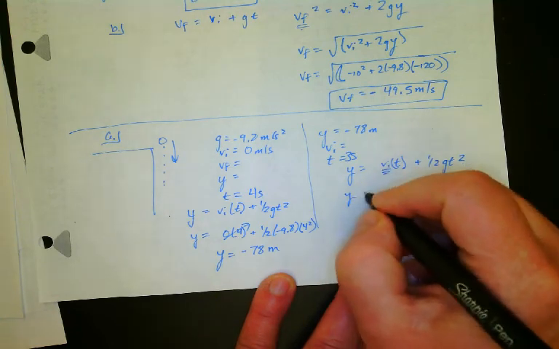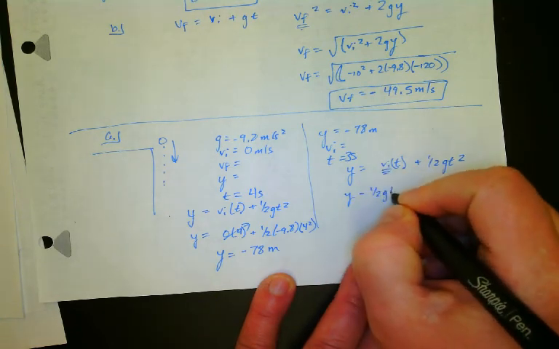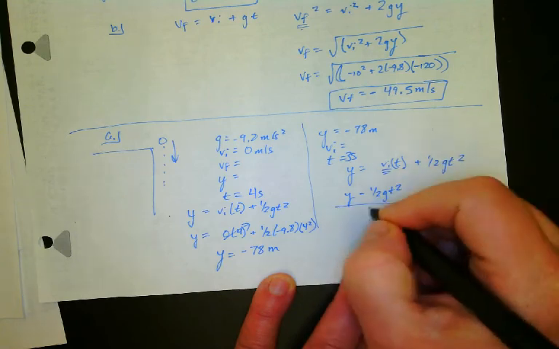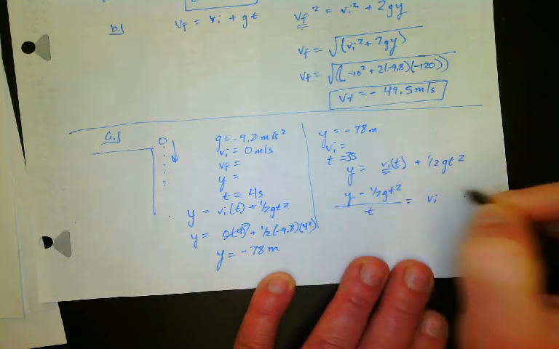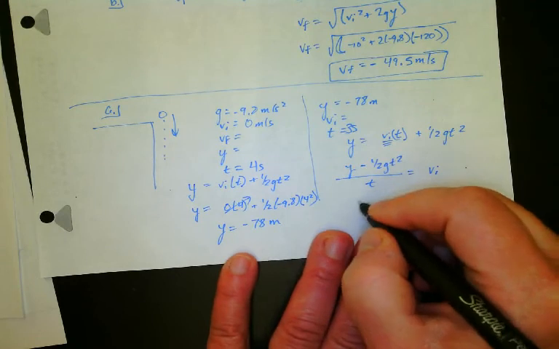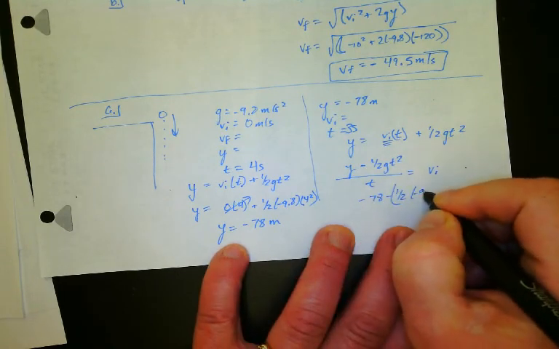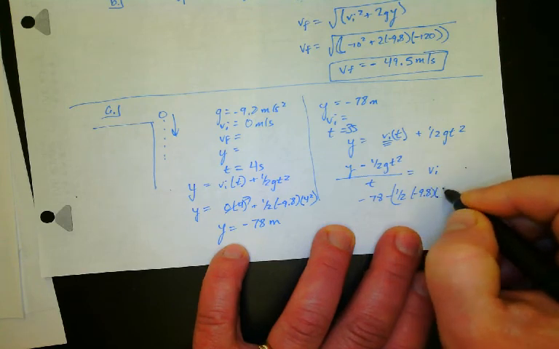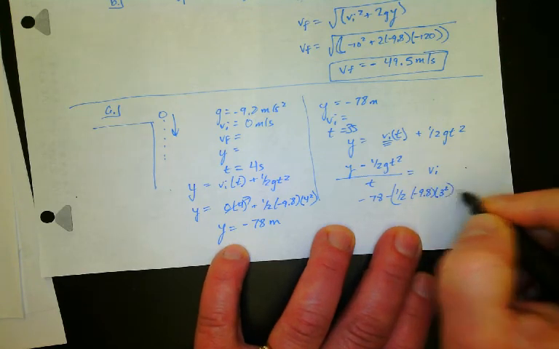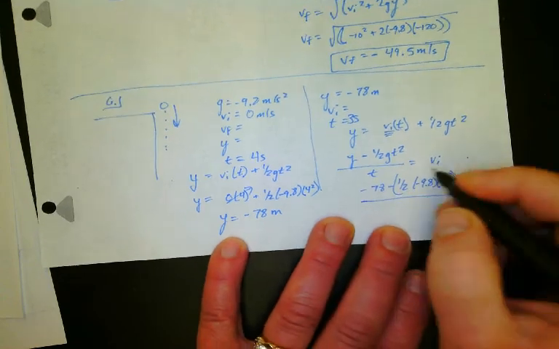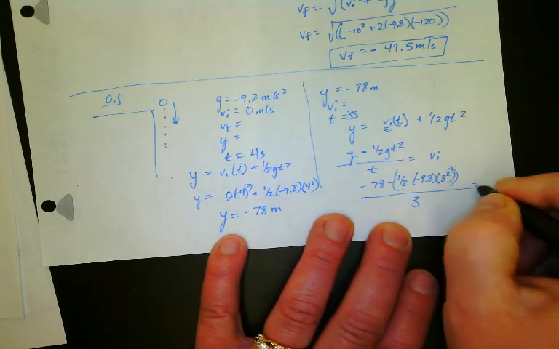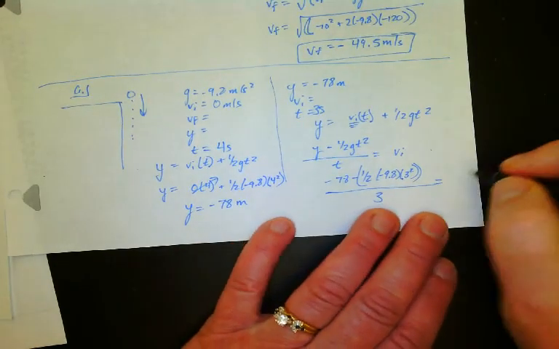So I'm going to take y minus 1 half gt squared and then divide by t. So y is negative 78 minus 1 half negative 9.8 times 3 squared, which is 9, over 3. So what do you get for VI there?